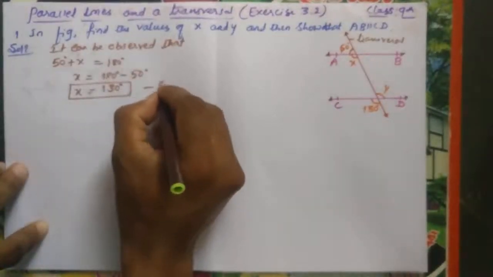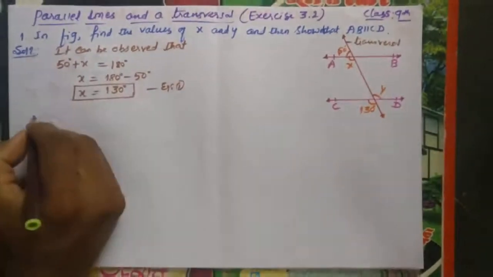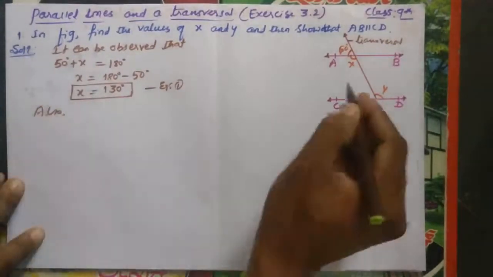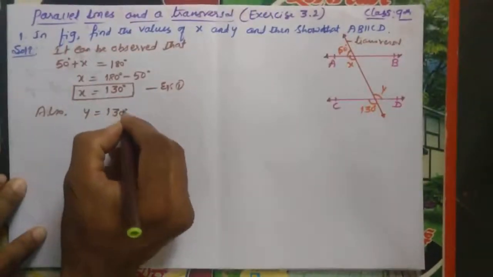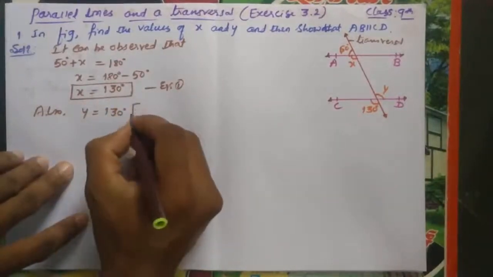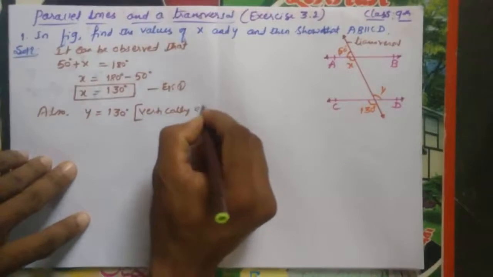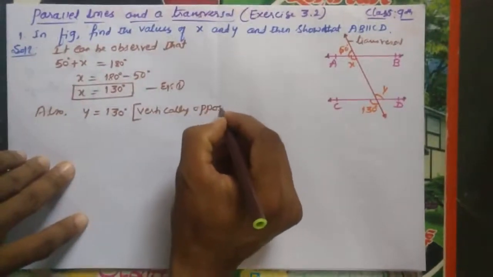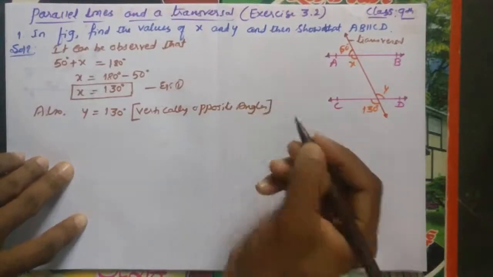Take it as equation 1. Now also, y is equal to 130 degrees. In bracket I will write vertically opposite angles.